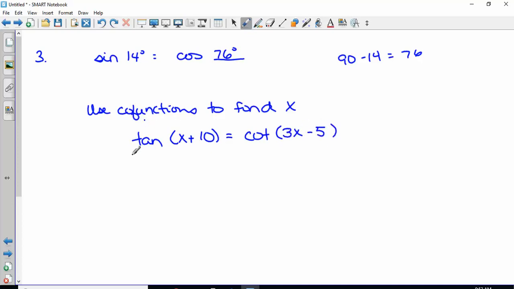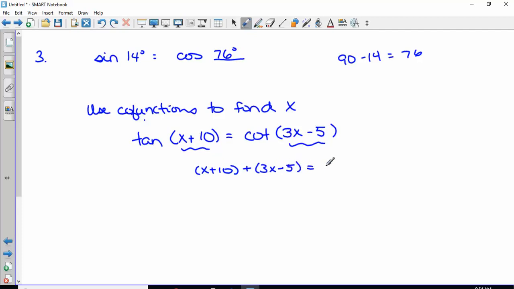I said cofunctions, and tangent, cotangent are cofunctions. So what's true about these angles if they're cofunctions? They add up to 90. It's not that the angles themselves are equal, it's that those two things have to add up to 90.